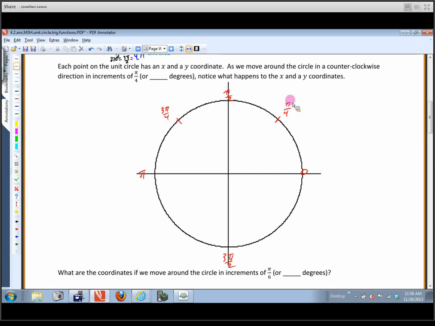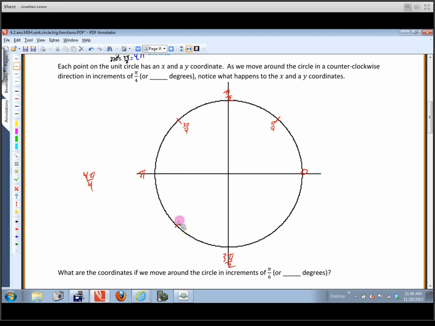Tell you what, I'm going to put these angle measurements inside here. So this is going to be pi fourths. This is going to be 3 pi fourths. And this is going to be, well, let's see, 1 pi fourth, 2 pi fourths, 3 pi fourths, 4 pi fourths. Those would cancel, so that's just going to be pi.